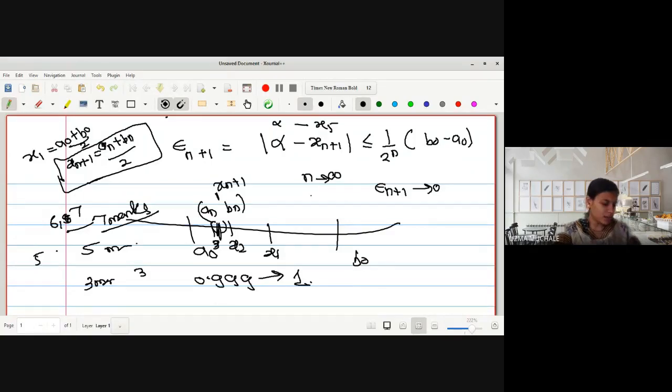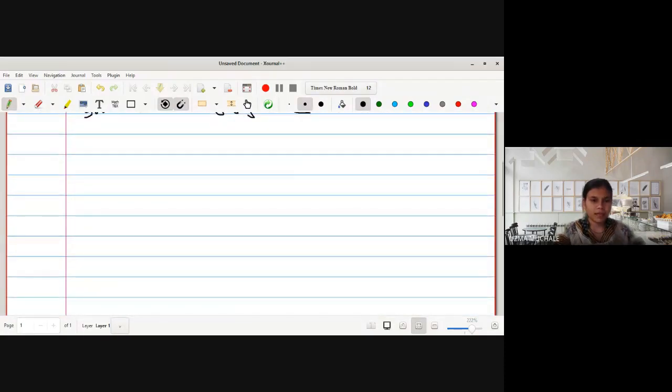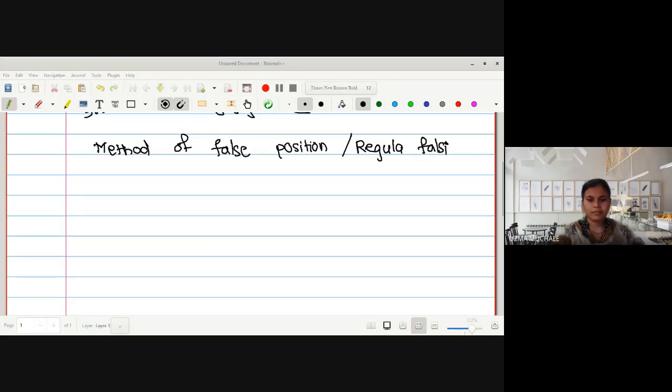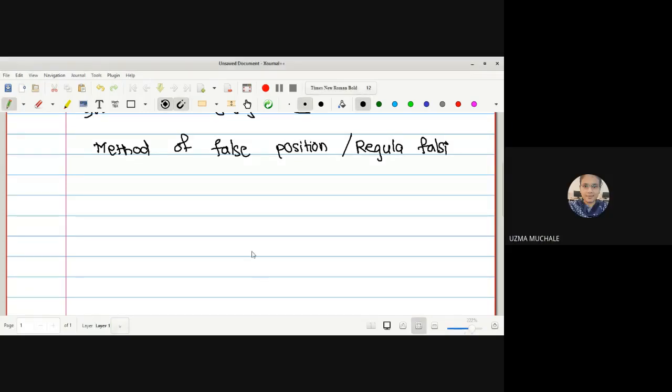Now let us go to the next method, that is the method of false position or regula falsi.